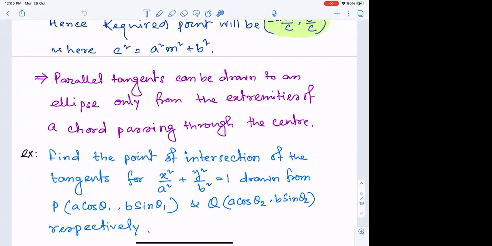Okay. So due to the point P as point of tangency, we can have T transformation to get to the tangent. Similarly, we can use Q as point of tangency and perform a T transformation to get to the equation of tangent. And two tangents means two straight lines.